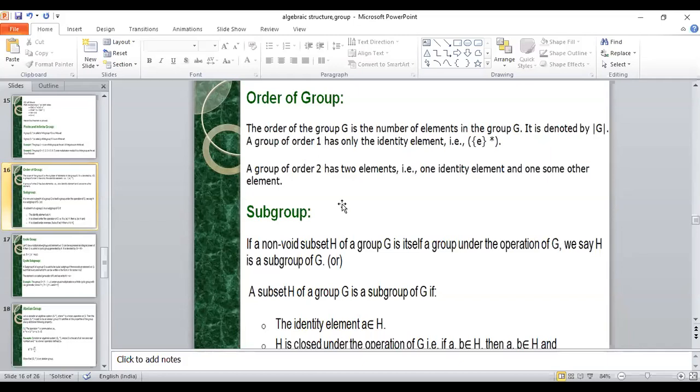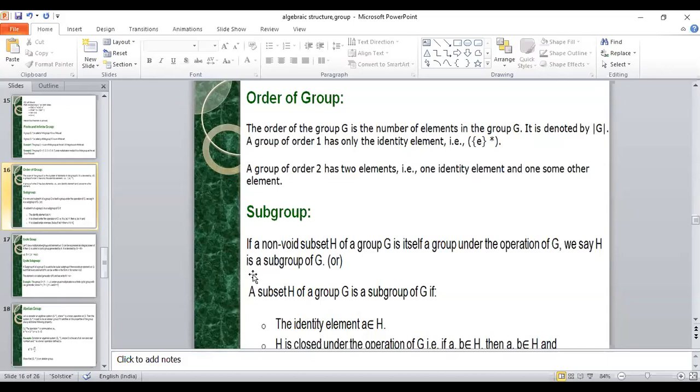If a, b belong to the given non-empty set G and star is a binary operation defined on G, then a star b is equal to b star a, then G is called an abelian group. So if the given set G satisfies these five properties, then G is called an abelian group.